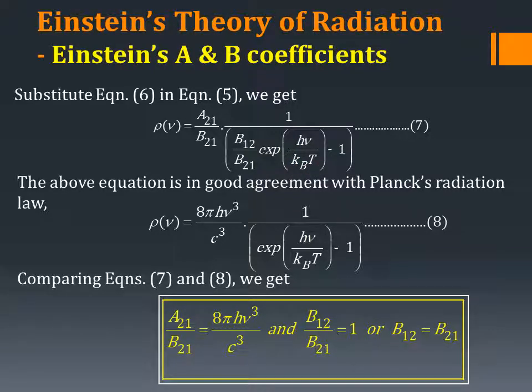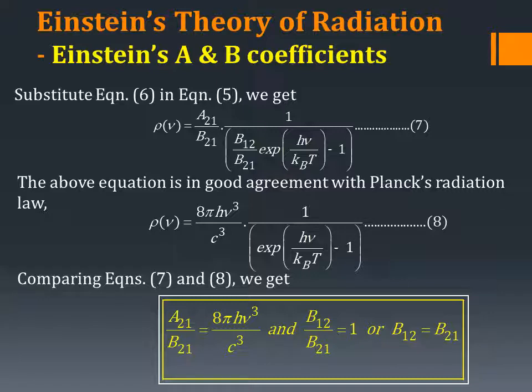This we call as equation 7. This equation 7 is quite similar to Planck's radiation law, which is 8 pi h nu cube divided by c cube into 1 by exponential h nu by kBT minus 1. We call this Planck's radiation law as equation number 8.